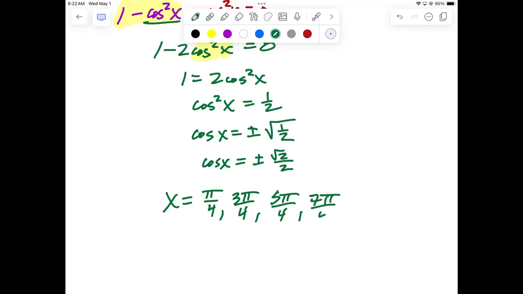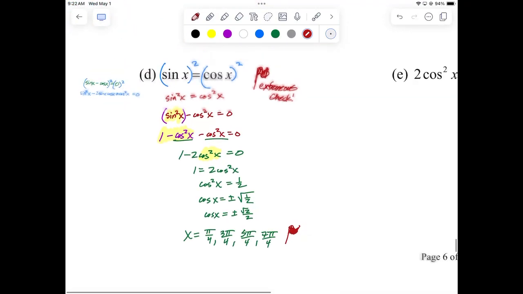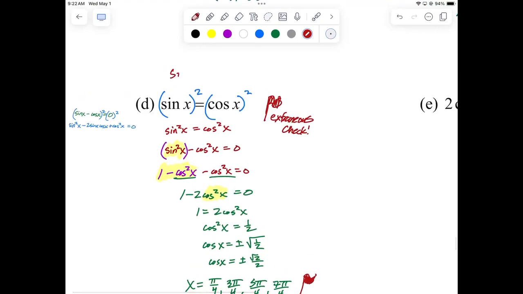But because we squared both sides, what did I tell you that should do? Check for extraneous solutions. Okay, they may not all work. If I go back to the very original thing before I squared it, I want to know for which of those angles sine equals cosine.